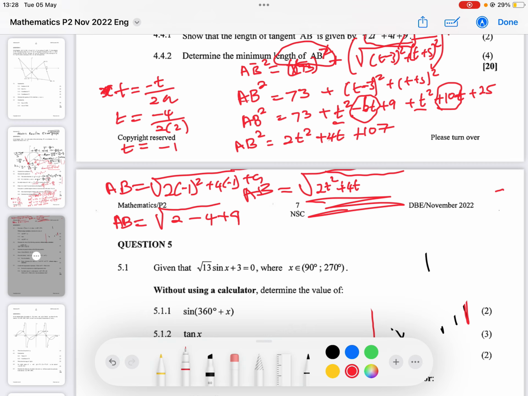So AB is equal to 2 minus 4 is minus 2, again minus 2 plus 9 is positive 7. So the answer will be root 7. So yeah, ta-da!